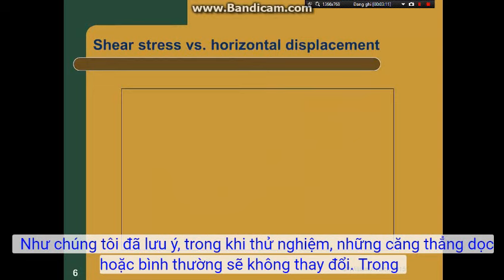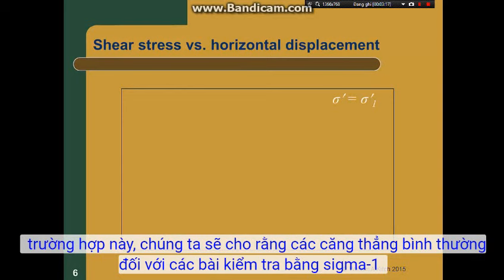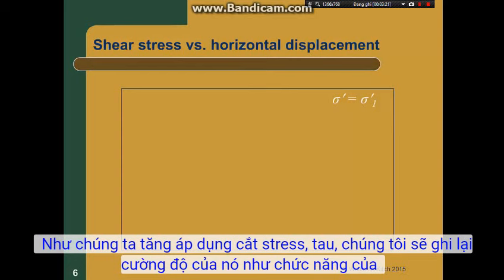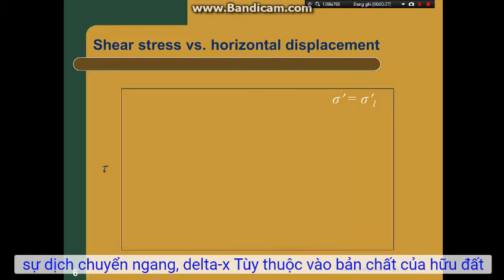As we just noted, during the test, the vertical or normal stress will remain constant. In this case, we will assume the normal stress for the test is equal to sigma 1. As we increase the applied shear stress tau, we will record its magnitude as a function of the horizontal displacement delta x.